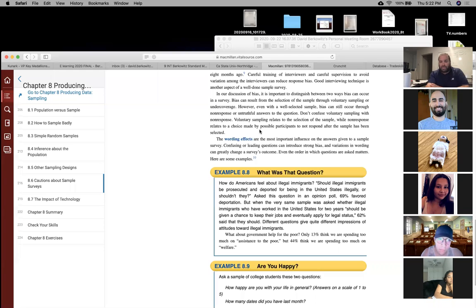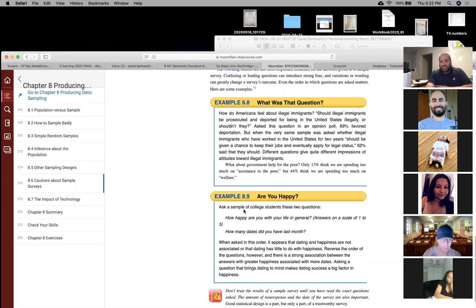Here are some examples. Let's look at 8.9. Ask a sample of college students these two questions. How happy are you with your life in general? And then how many dates did you have last month? When asked in this order, it appears that dating and happiness are not associated. But if you reverse the order, how many dates did you have last month? Zero.